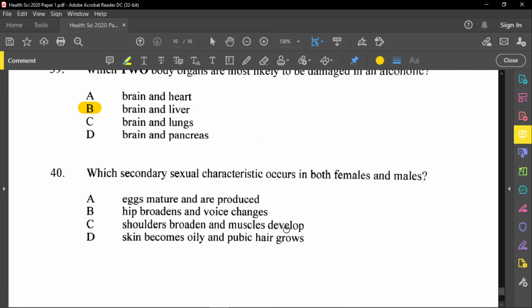Muscle development is also for males. The skin becoming oily and pubic hair growing are for both. Just to make a point here, the oily skin is a reason why teenagers get pimples, because that oil mixed with dirt will clog the pores of the skin and may develop into pimples. So we're at the end of it.